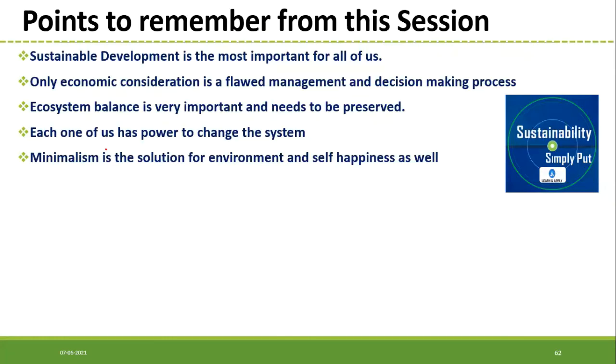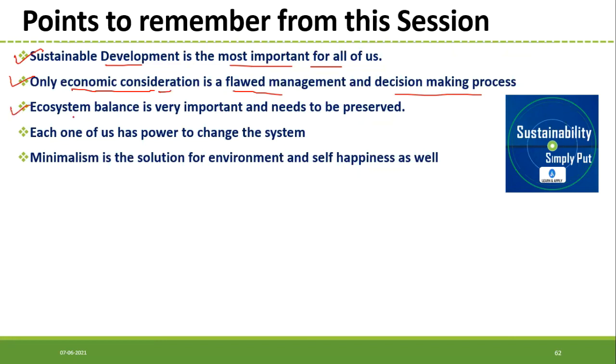So we are ending this session here, but I want you to take these points with you from today's session. First, sustainable development is most important for all of us. It has paramount importance. Second, only economic consideration is a flawed management and decision-making process. We should not have only economic consideration. It is a wrong way.